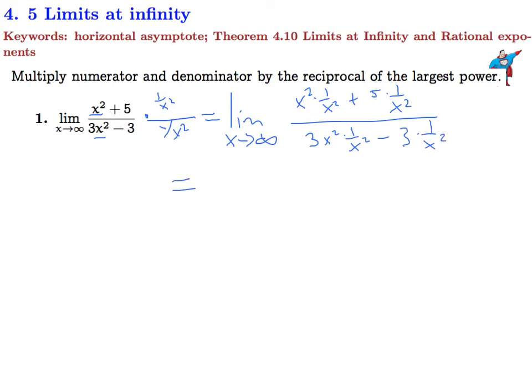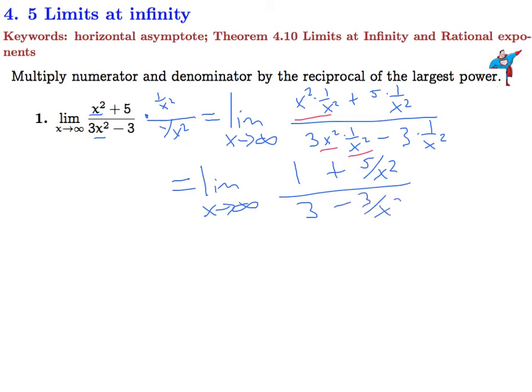And of course we can simplify this, and feel free to simplify it a little more quickly in your work if you want to. So x squared times 1 over x squared, these terms just cancel, so all we're left with in this case is 1 plus 5 over x squared all over 3, as again the x squared and 1 over x squared cancel, minus 3 over x squared.